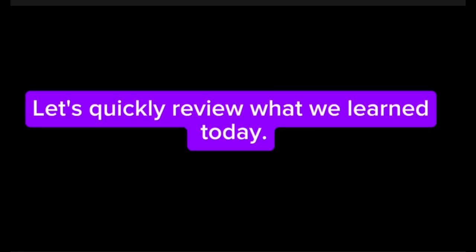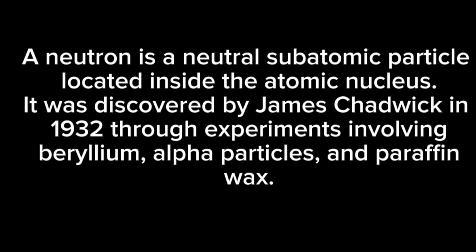Conclusion. Let's quickly review what we learned today. A neutron is a neutral subatomic particle located inside the atomic nucleus. It was discovered by James Chadwick in 1932 through experiments involving beryllium, alpha particles and paraffin wax.